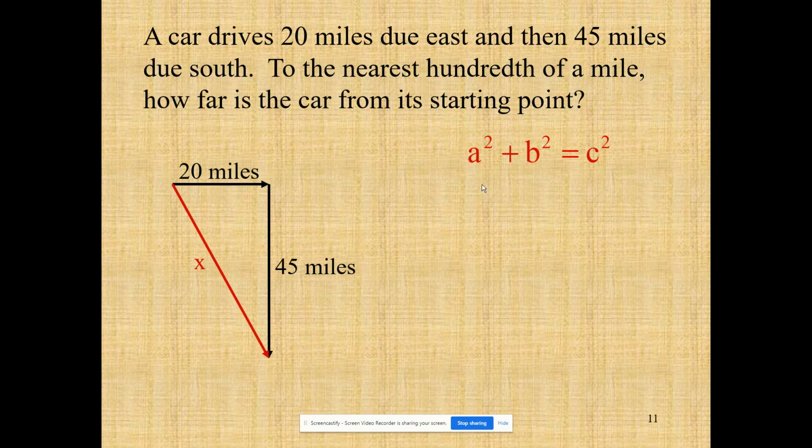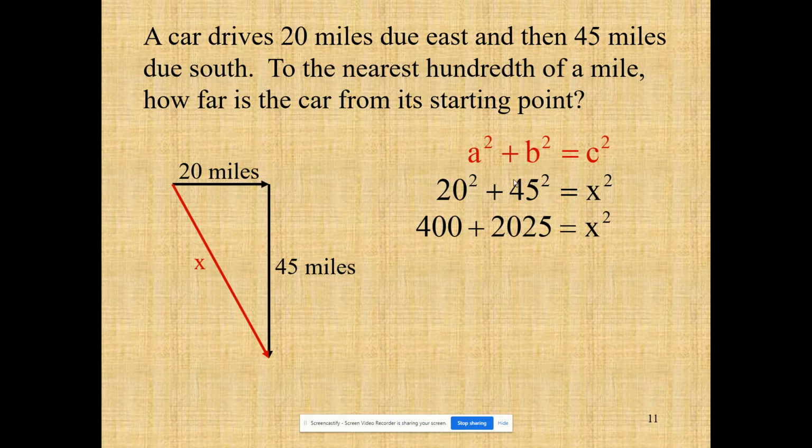I put my a squared plus b squared equals c squared in there, so I know what I'm doing. And then I have my two legs, the 20 miles and the 45 miles. So I'm going to square those. 20 times 20 is 400, and 45 times 45 is 2025.